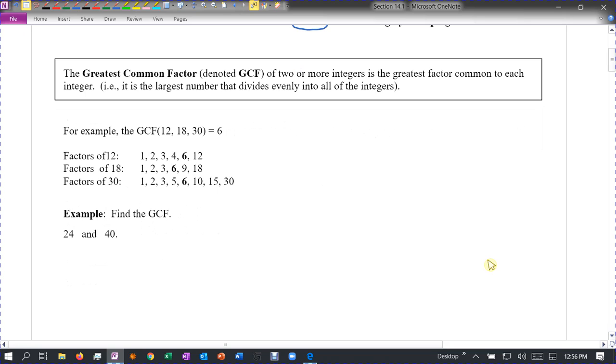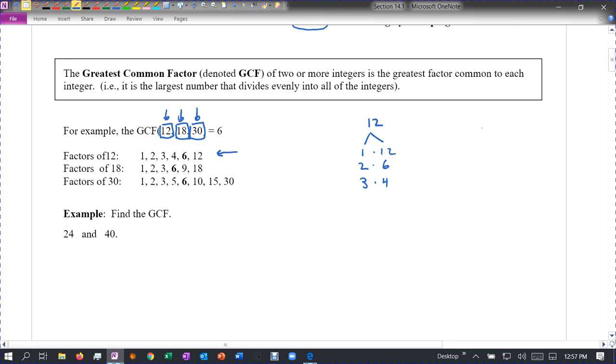Okay, so for example, if we look at what is the GCF of 12, 18, and 30, what we're trying to figure out is the biggest number we can find that goes into all of these numbers. So what we could do is list out all the factors of 12 first. So we think of all the things that multiply to be 12, 1 and 12, 2 and 6, 3 and 4, these are all factors of 12, and if we list them out, there they would be.